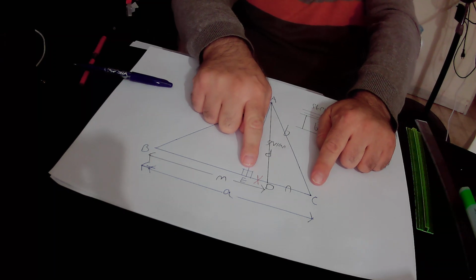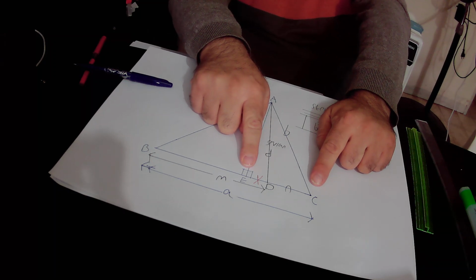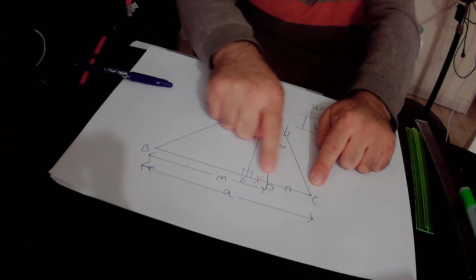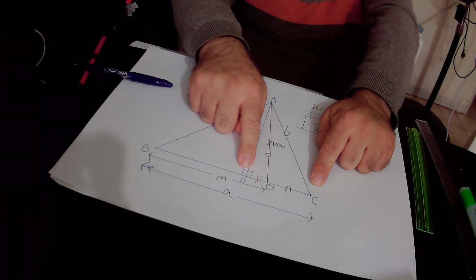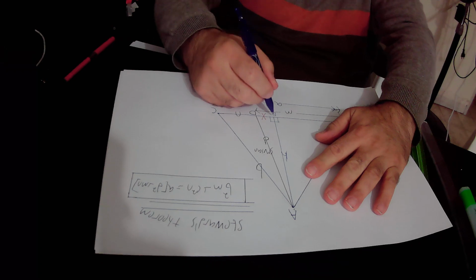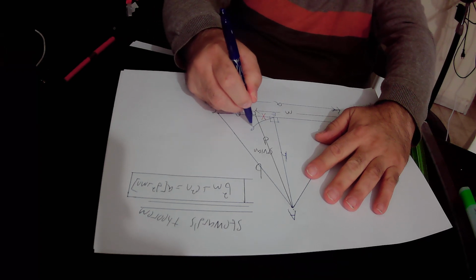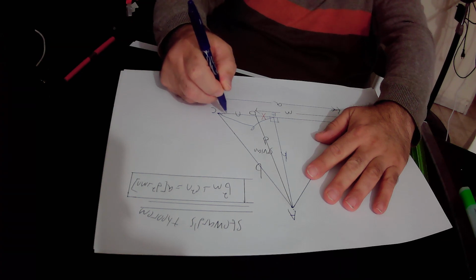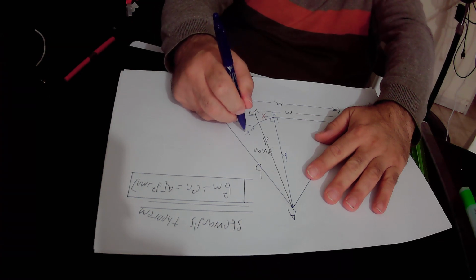The length of line segment EC equals ED plus DC. ED equals x, DC equals n, therefore EC equals x plus n units in its length.